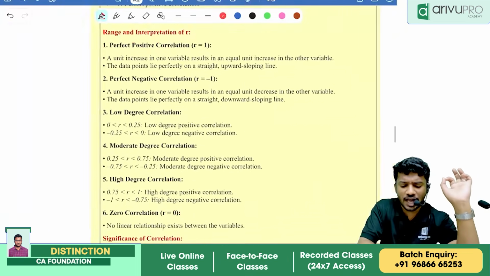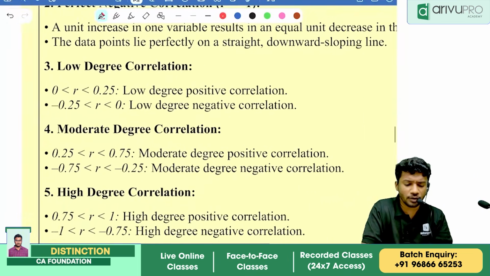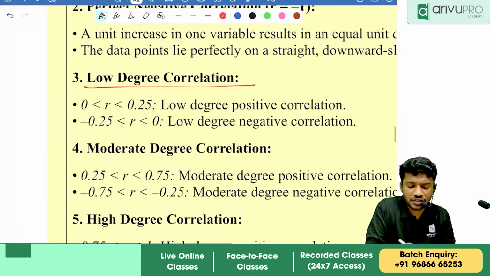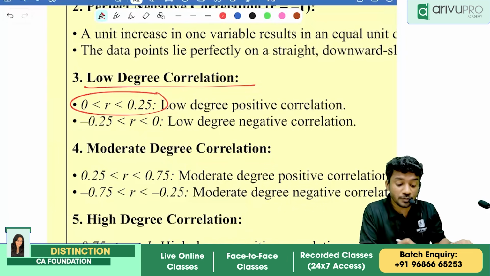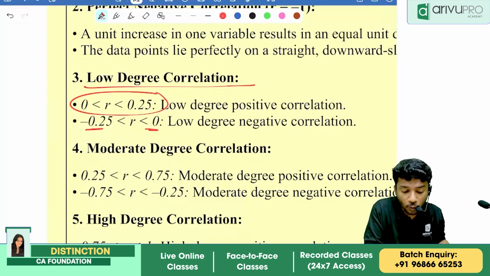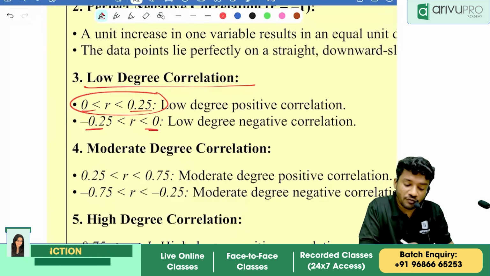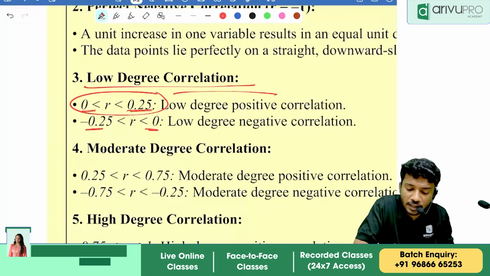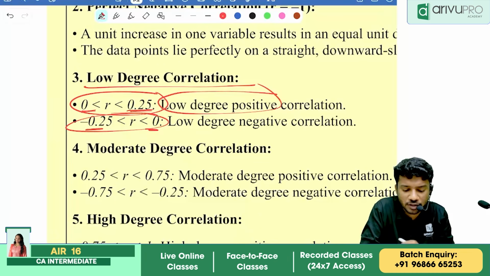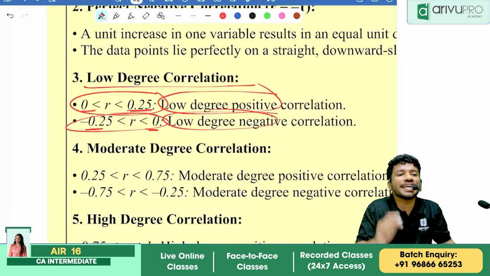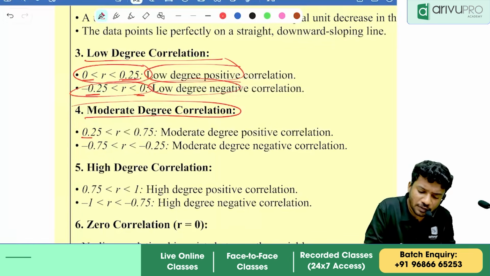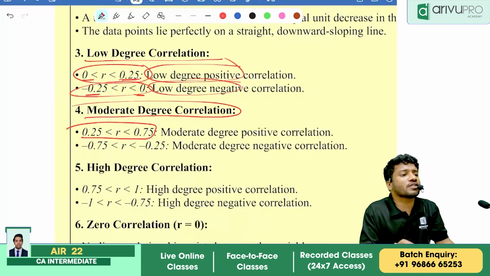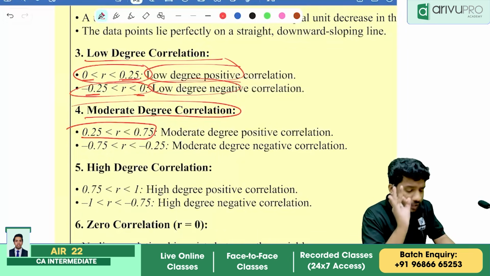Then there are some values of r that you should also keep in your mind. Low degree correlation: r will be between -0.25 and 0 or 0 and 0.25. When it is 0 to 0.25, it is low degree positive. When it is -0.25 to 0, it is low degree negative. Then moderate degree correlation is between 0.25 and 0.75, called moderate degree positive.